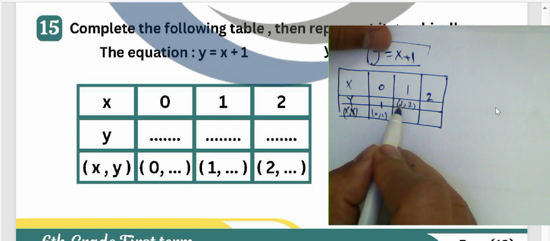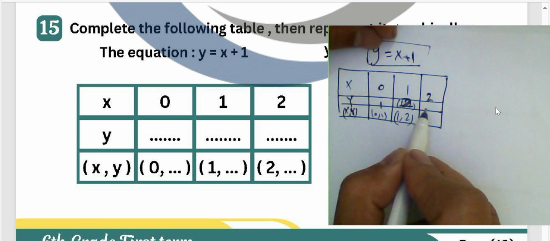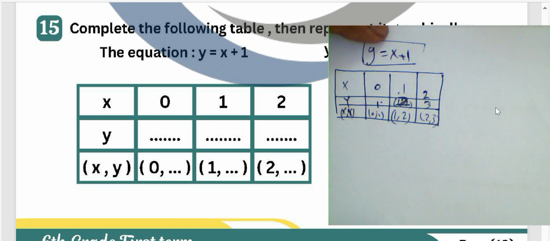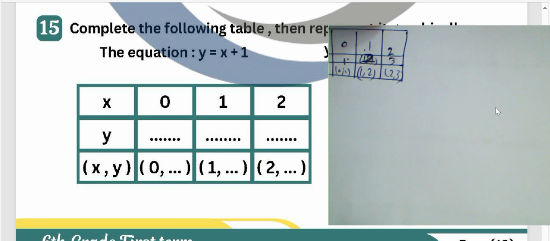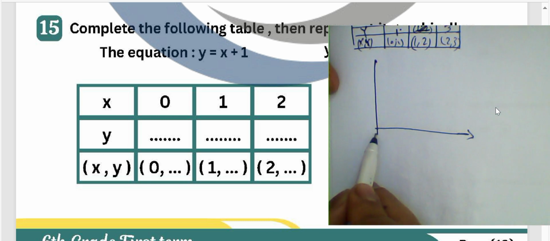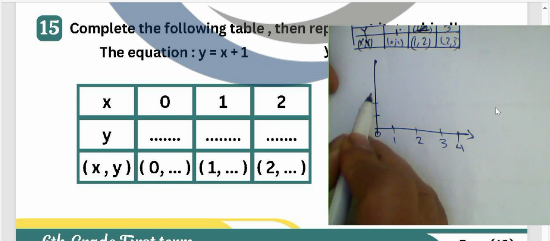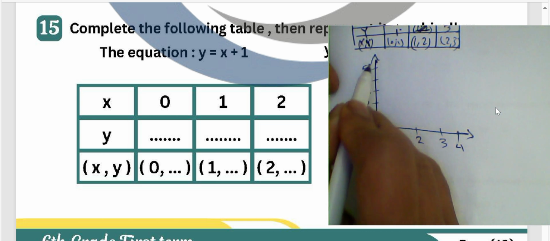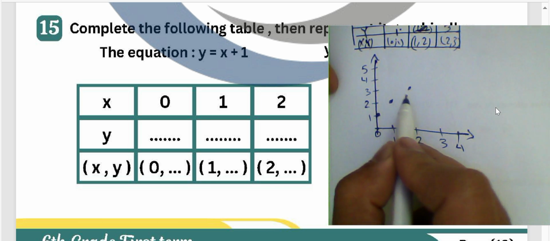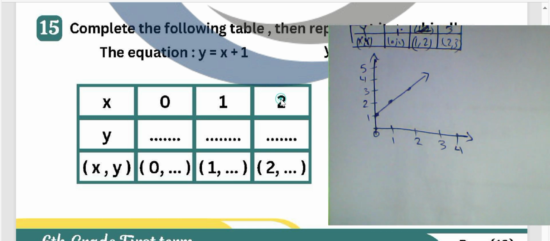Put x equal to 2, 2 plus 1, 3, the order will be 2 and 3. Then we have 0 and 1, 1 and 2, 2 and 3. And then we can draw vertical and horizontal axes. 0, 1, 2, 3 and 4, 1, 2, 3, 4 and 5. 0 and 1, 1 and 2, 2 and 3. We can draw the line segment or straight line.